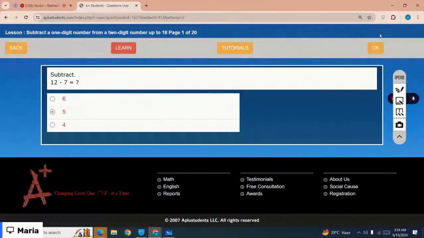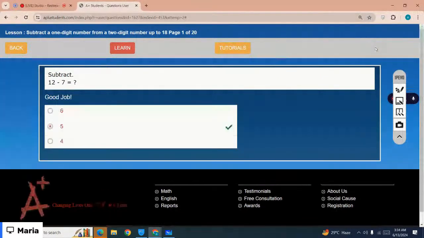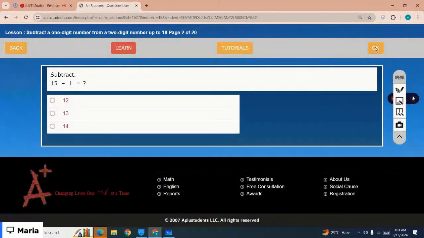12 take away 7 is 5. Option number 2 is the correct option. 15 take away 1, which is the correct option? 15 take away 1, yes, 14 it is.